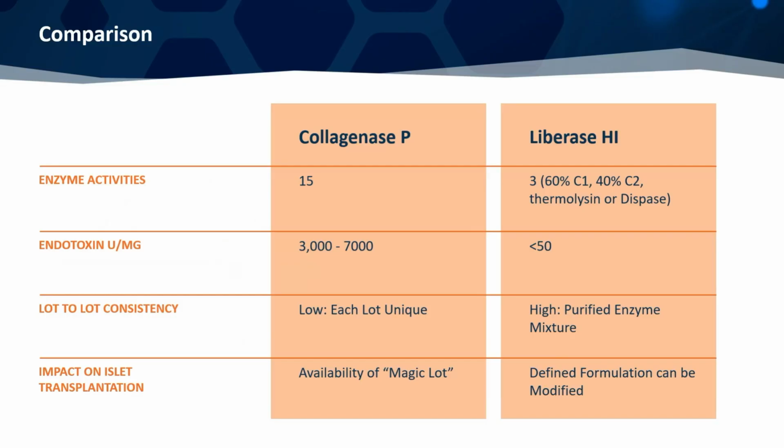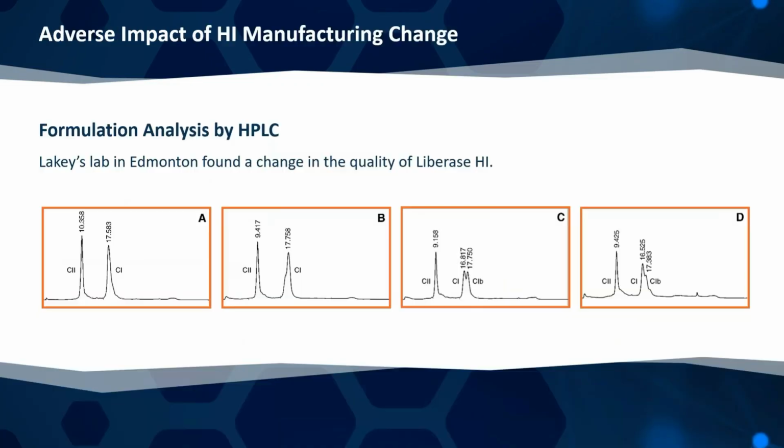We now have defined enzyme activities: 60% C1, which is class 1 collagenase, 40% C2, class 2 collagenase, and we added either thermolysin or dispase to the Liberase product line. Lower endotoxin, highly purified mixture, and it was a defined formulation that could be modified. This product worked for many years, from say 1994 up till around 2002.